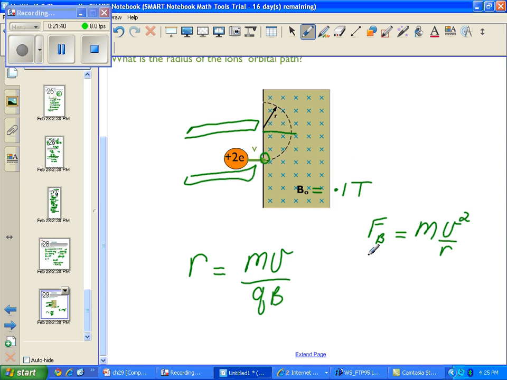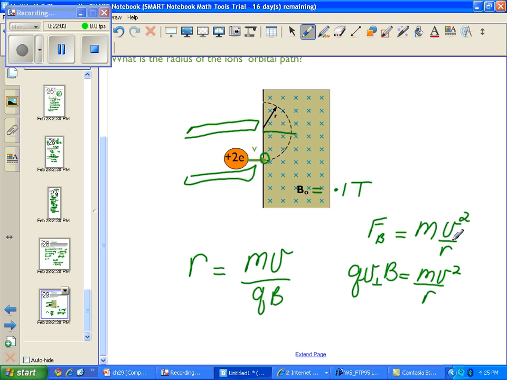If we consider the component of v which is perpendicular to B, we get mv squared over r.